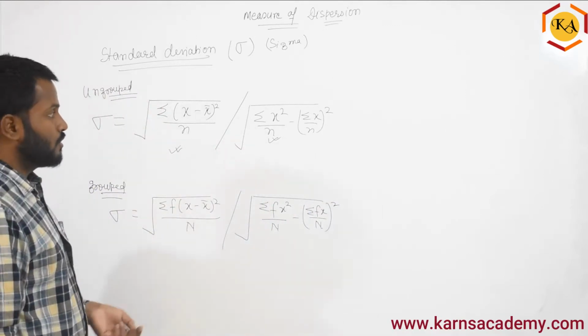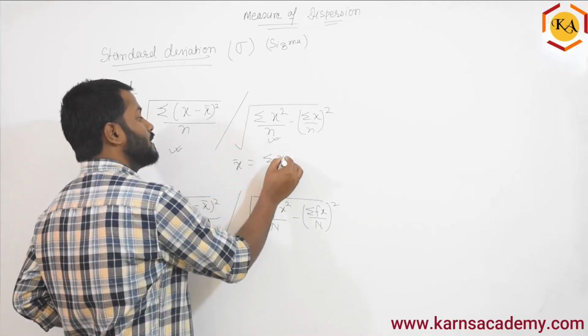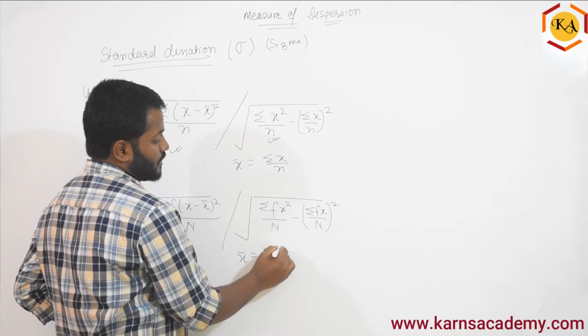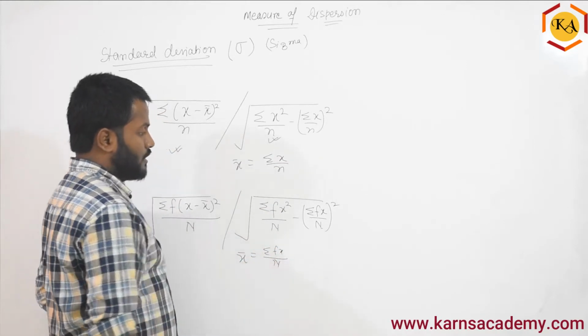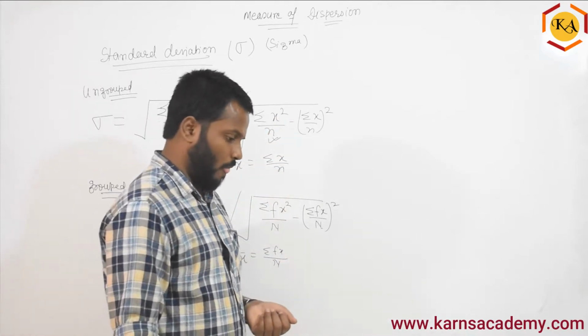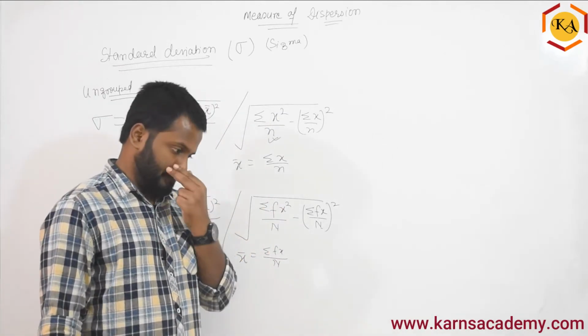Here you have to find the mean. You know the mean formula very well, summation x by n, and here summation f x by N. If you use this type of formula, you don't have to find the mean separately. So this is the formula we are going to use to find the standard deviation.